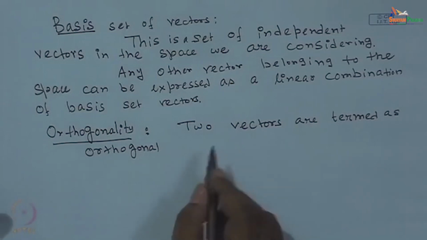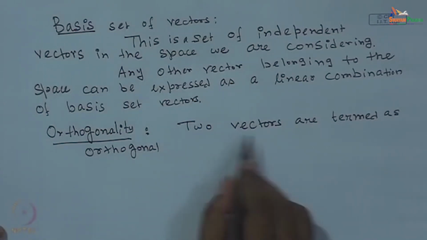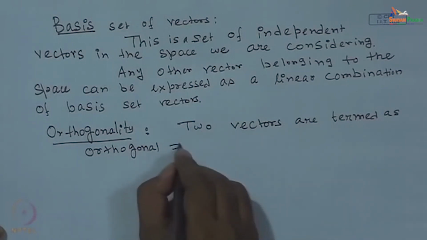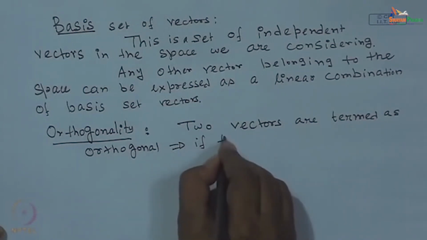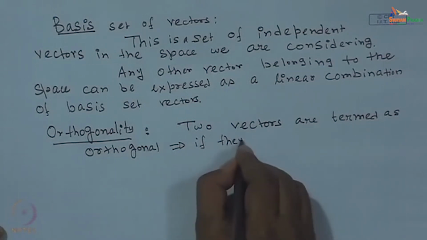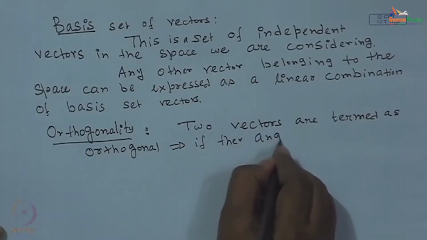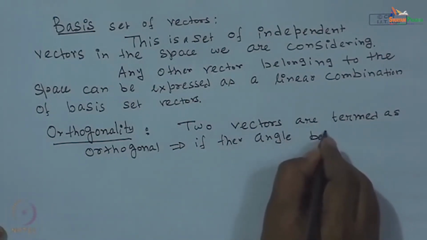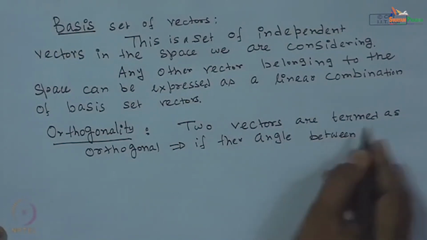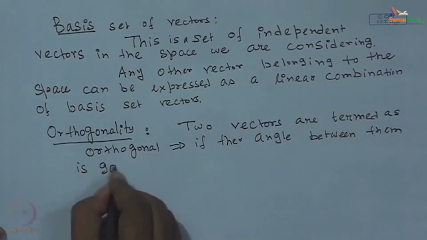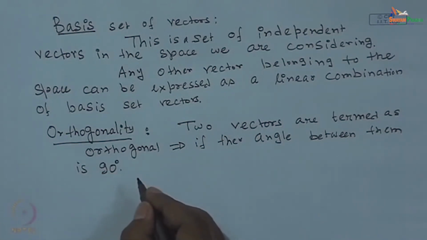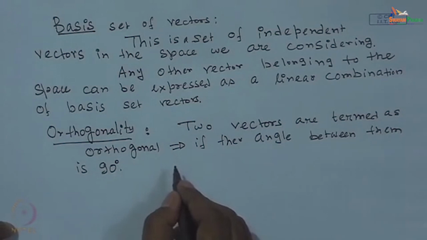That means the orientation, the angle between the two vectors, is 90 degrees. So, two vectors are termed orthogonal if the angle between them is 90 degrees.